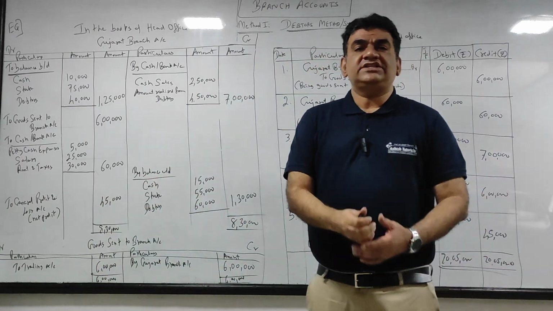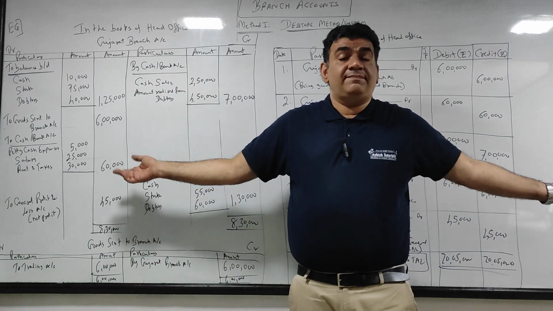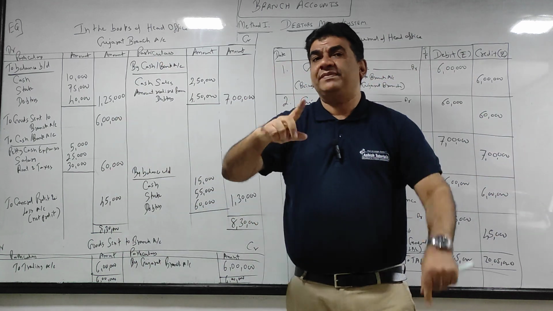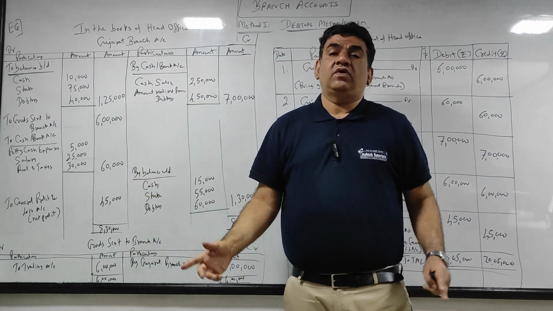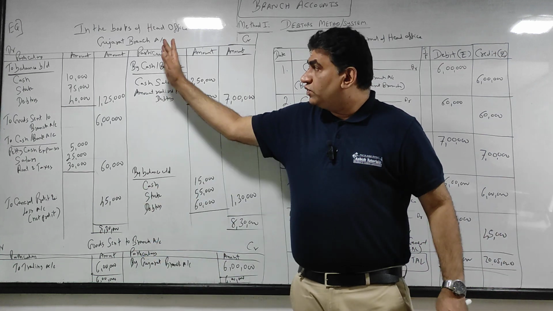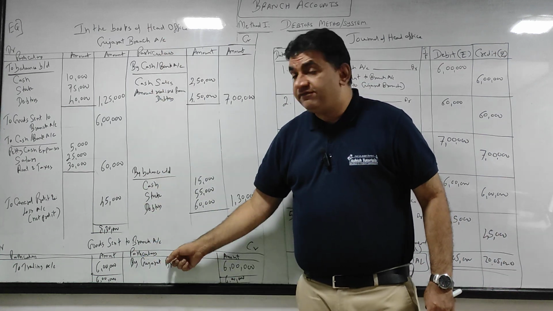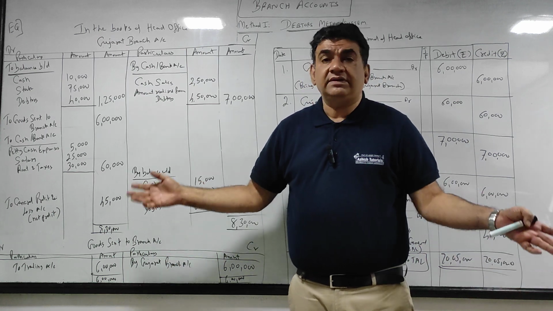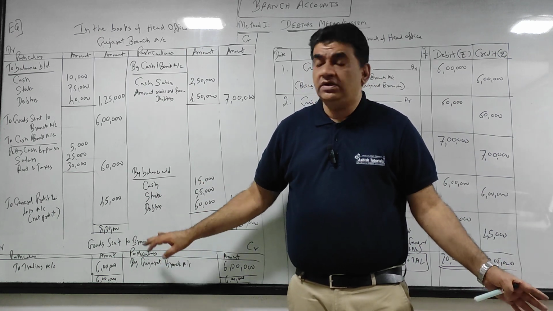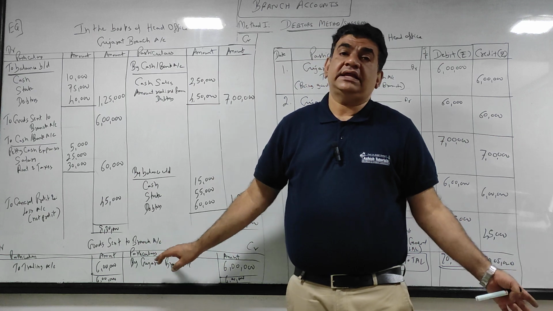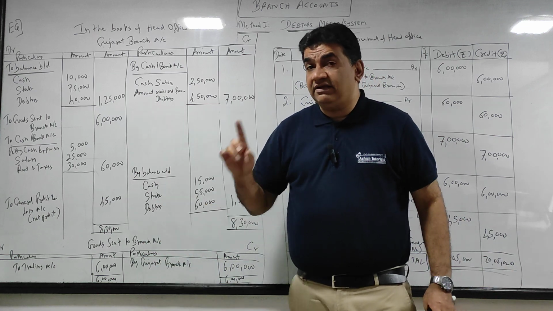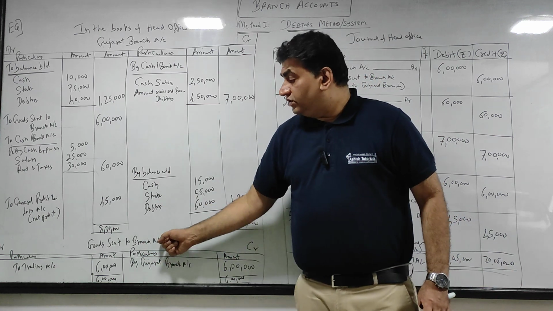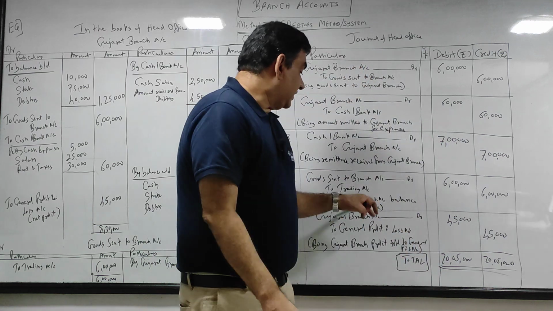This was the basics of branch account of the first method, stock and debtors method. So you have to make this account. If you are comfortable, ignore it; if you have confusion, make it. But when you make the journal, the entry of goods sent to branch to trading account must come.